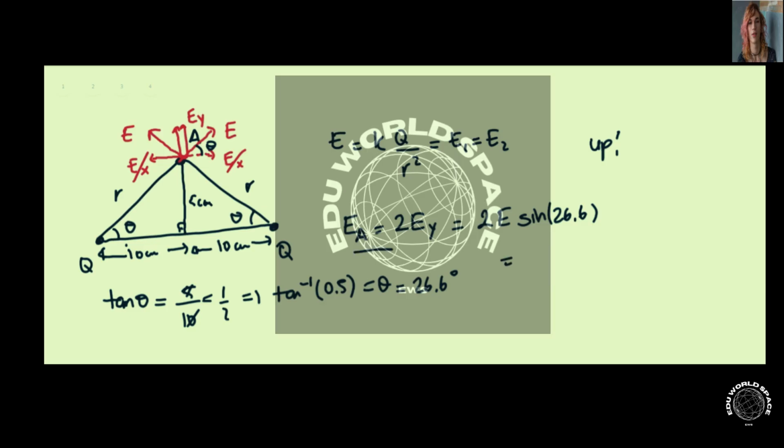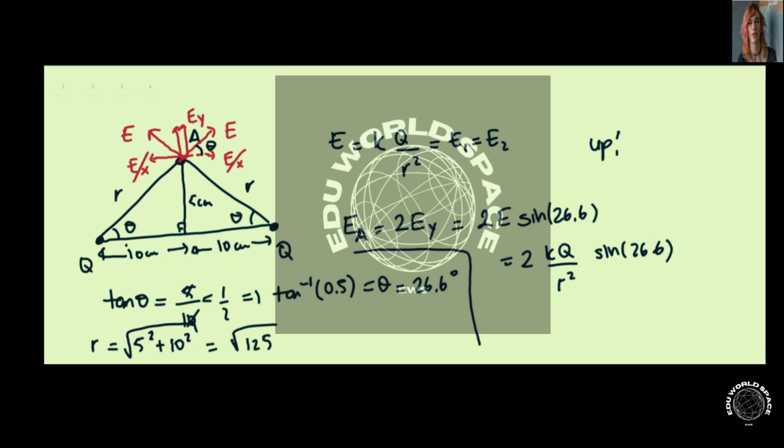Let's remember what E was. E is kq over r squared, times sine 26.6. Let's calculate what this r is from the Pythagorean theorem. R equals the square root of 5 squared plus 10 squared, so it's basically the square root of 125, since 10 squared is 100, plus 25.